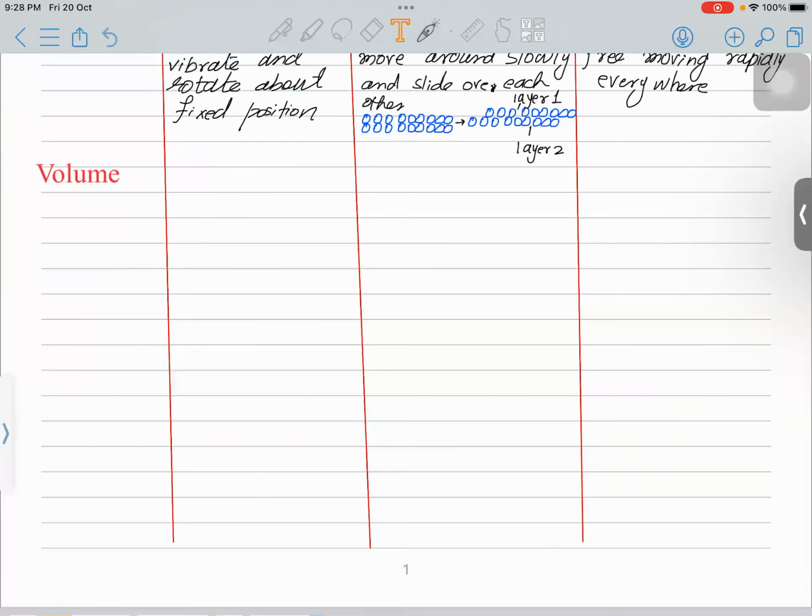Next is volume. Solid has fixed volume. Liquid also has fixed volume.